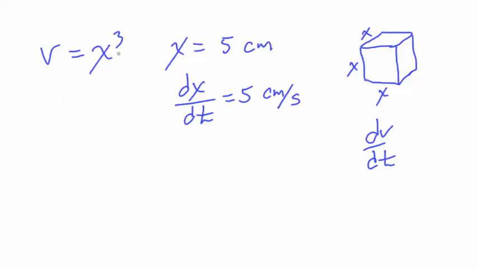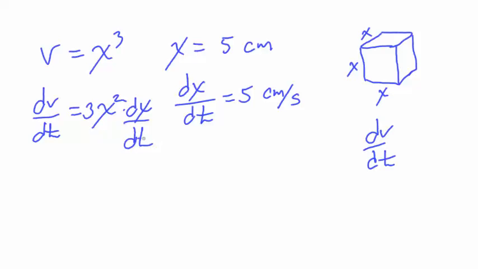So let's go ahead and take the derivative of this with respect to time. So we got the derivative of v is 1, then we write dv over dt is equal to, and then we take the derivative of this, we got 3x squared dx over dt, dx over dt.